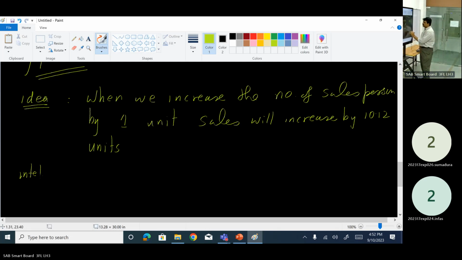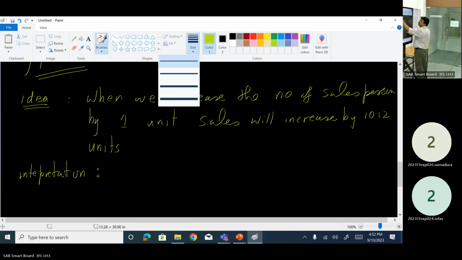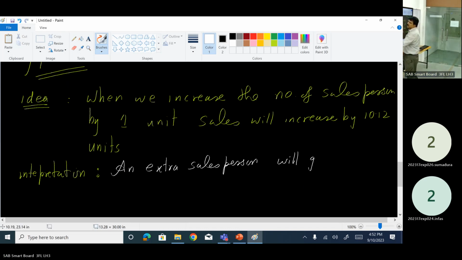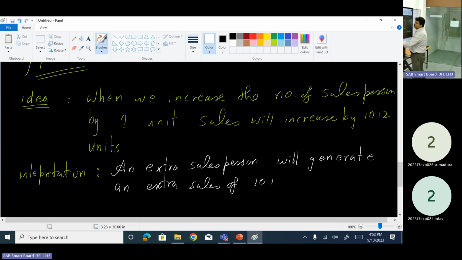So, interpretation: an extra salesperson will generate an extra sales of 10.12 units on average.